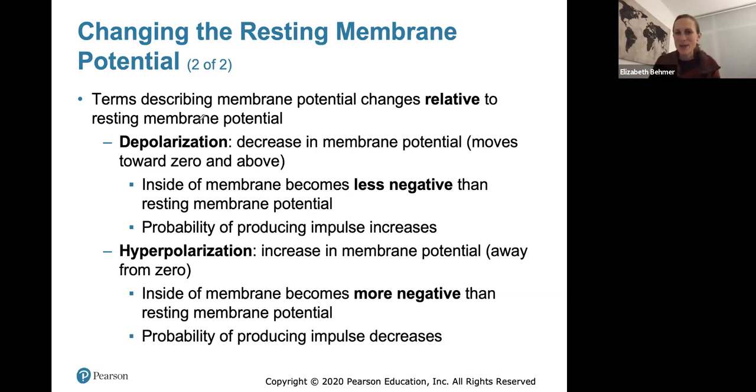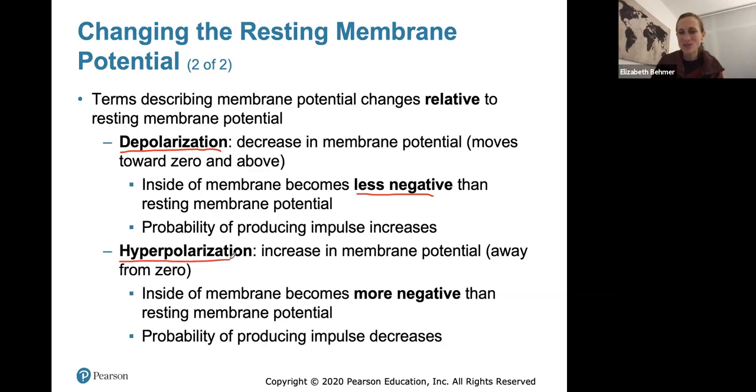So the terms describing membrane potential changes are relative to the resting membrane potential. When the membrane becomes depolarized, this decreases the membrane potential, so it moves it back to 0. So remember, at resting, we're at about -70. When we depolarize it, that means the inside of the membrane becomes less negative.